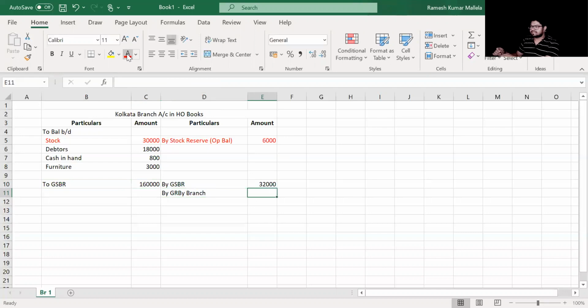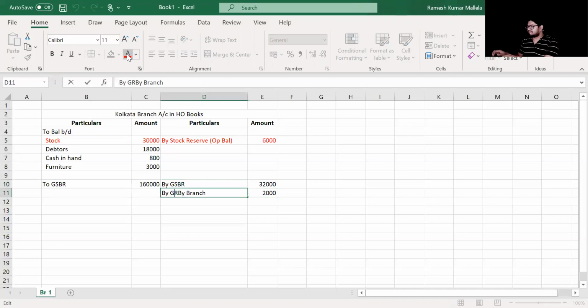He did not mention whether it is invoice price, cost price and so on. If nothing is mentioned, you would assume it to be invoice price only. By goods received from branch, goods returned by branch.